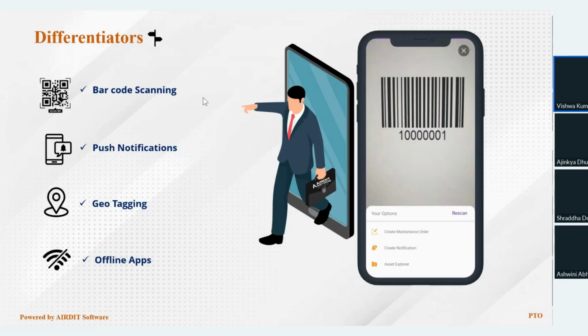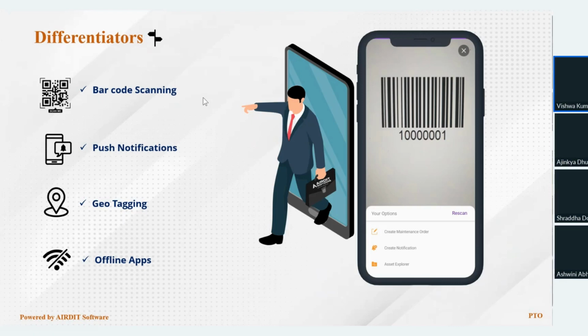So what are the potential differentiators that we have once we talk about Fiori implementation? We can give you barcode or QR code scanning. We can give you WhatsApp-like push notifications in every process. We can also provide geotagging and map-based features now.